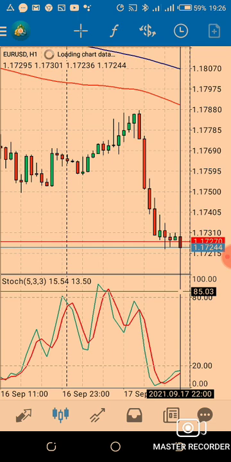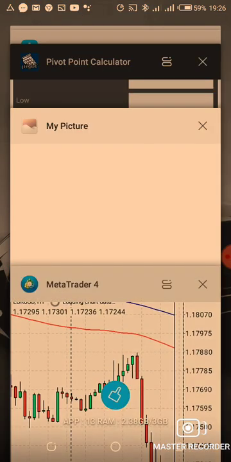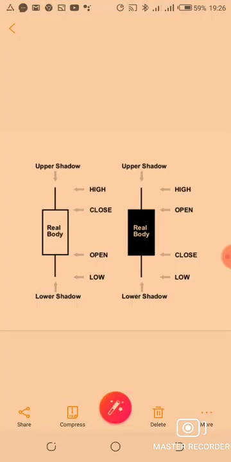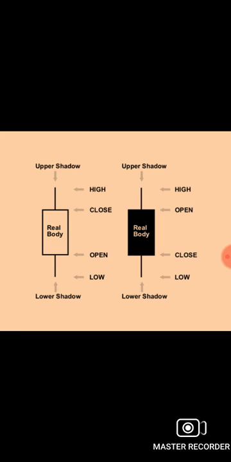Then what is our close? Now this is a bearish candle. I said for a bearish candle, what was the close form? Let's go back to the picture again. Now the close of a bearish candle is below. Don't pick all this shadow as the close; the close is on the body of this bearish candle.